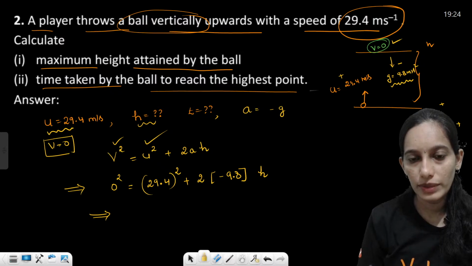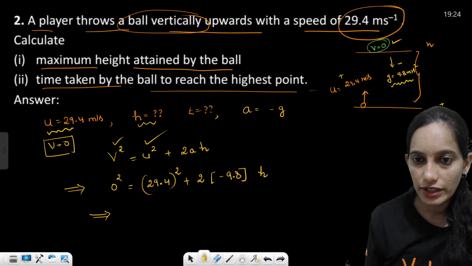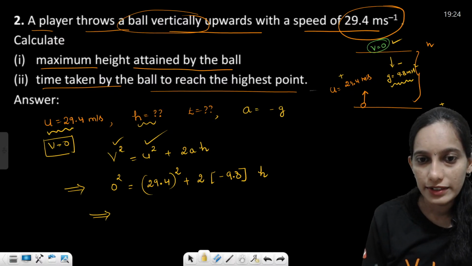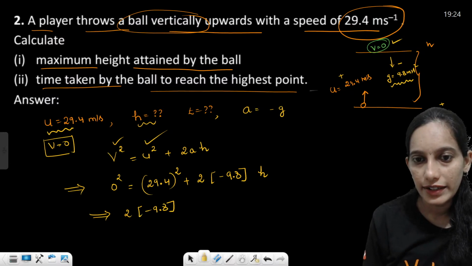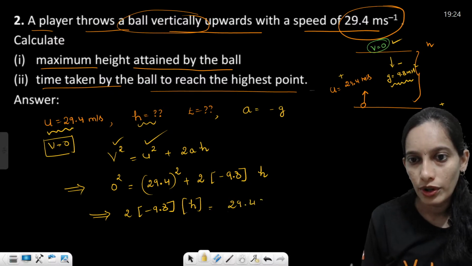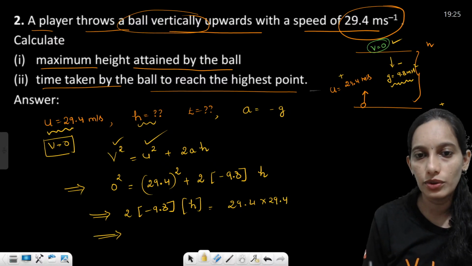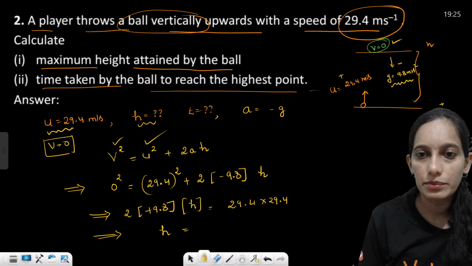Into h, which we are supposed to find out, this is going to give me h is equal to, okay, let me just write in detail. So I can say 2 into minus 9.8 into h will be equal to 29.4 into 29.4. This will become plus because I am shifting it to the other side.